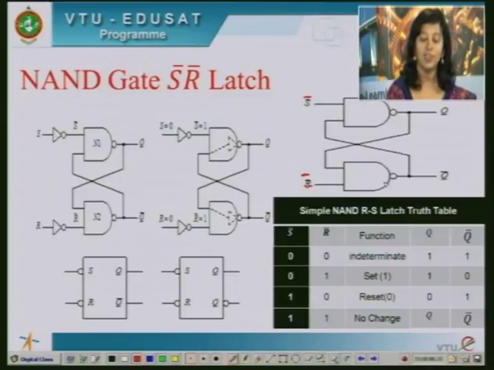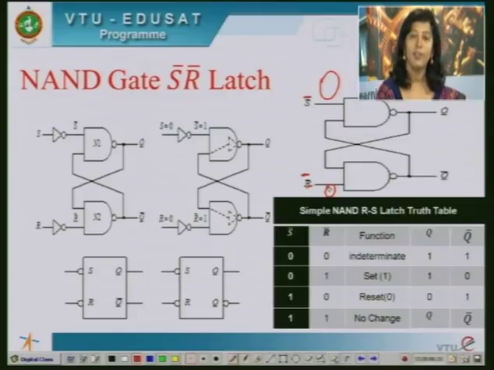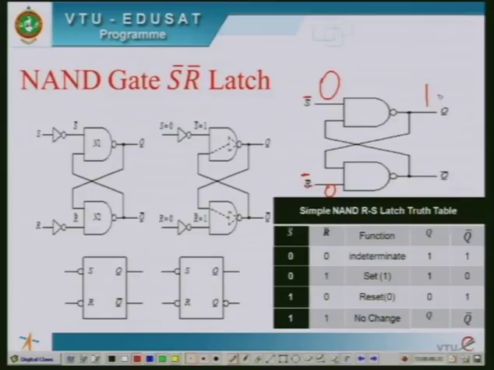The first condition we are going to consider is when S bar is 0 and R bar is also 0. When both inputs are 0, do you remember the operation of a NAND gate? In a NAND gate, if any one input is 0, the output will go to high state.